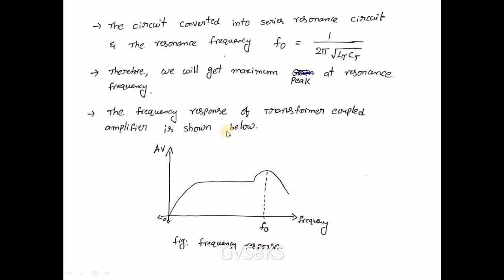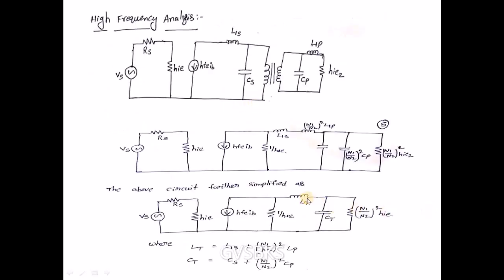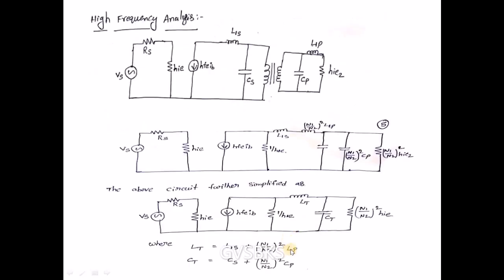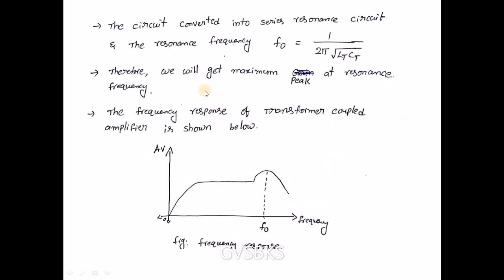So the circuit can be converted into a series resonance circuit, which has the resonant frequency F0 equal to 1 by 2 pi root of LT into CT, and we already know the values of LT and CT here. Therefore, we will get the maximum peak at the resonant frequency.